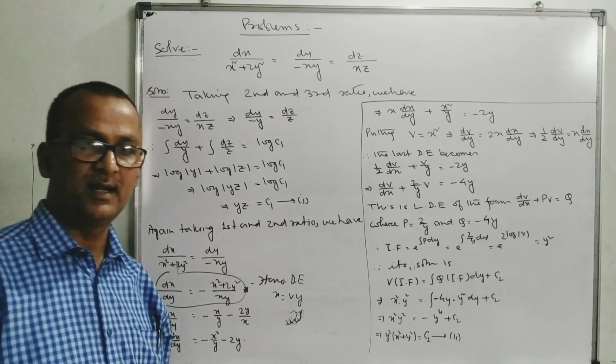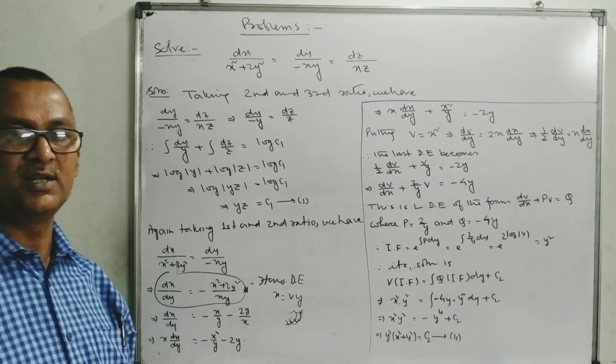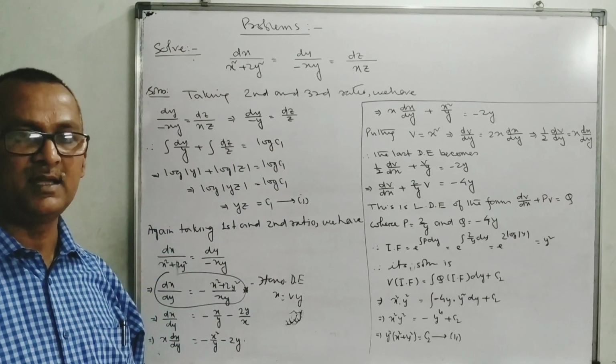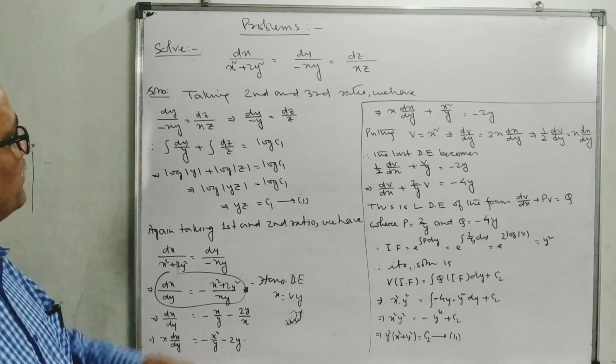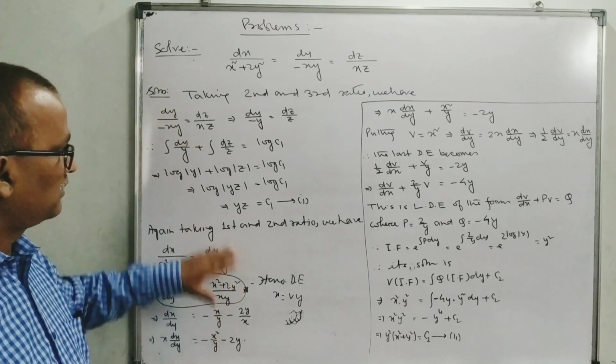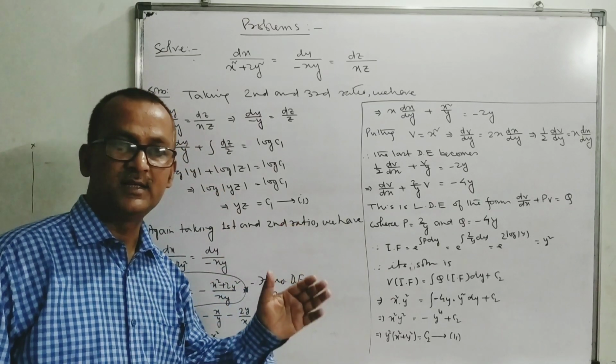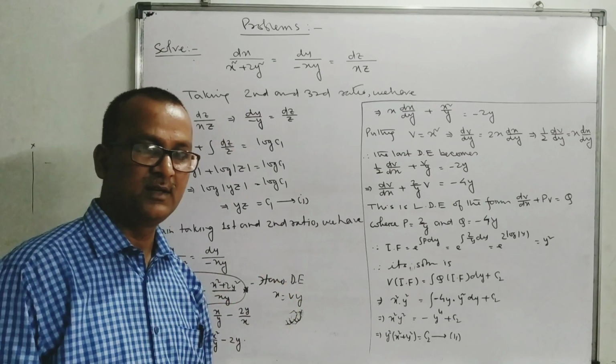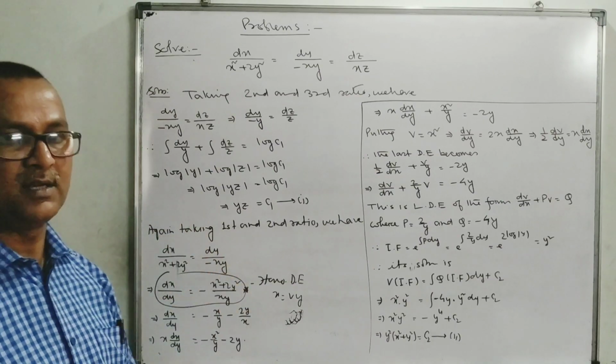So you can apply a homogeneous differential equation, but we apply the special case of linear differential equation. So students can solve it in different ways, means separation of variables, homogeneous equation, linear equation. These methods are used here.